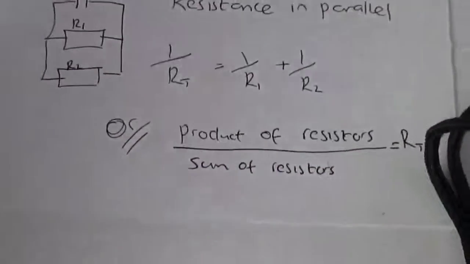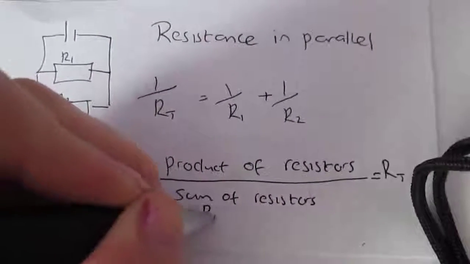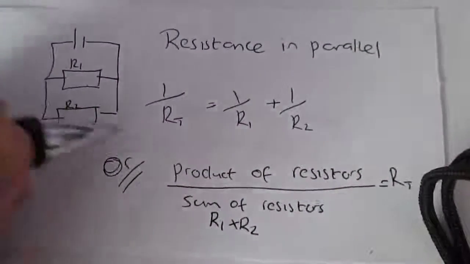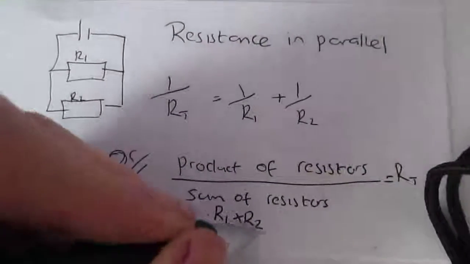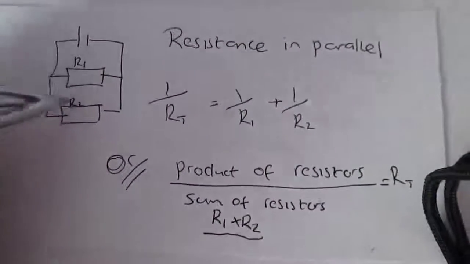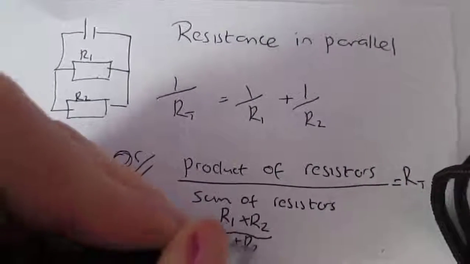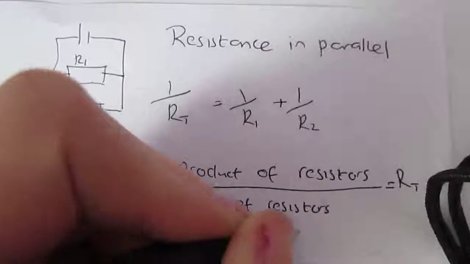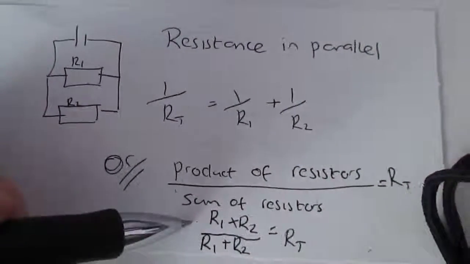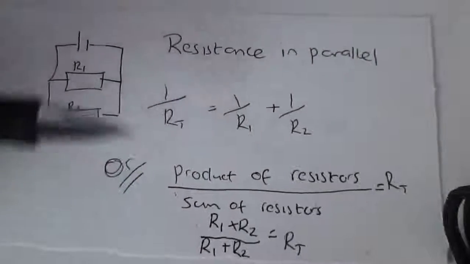So this equation can be written as R1 times R2, divided by R1 plus R2, and that equals the total resistance. These two things are exactly the same, so we can use this equation or this equation and we should get the same answer.